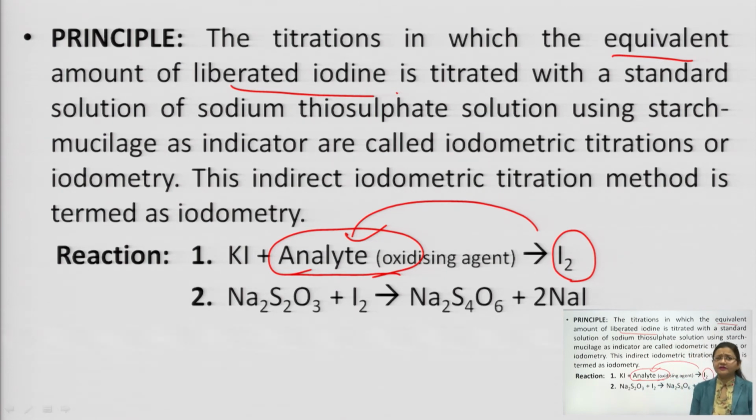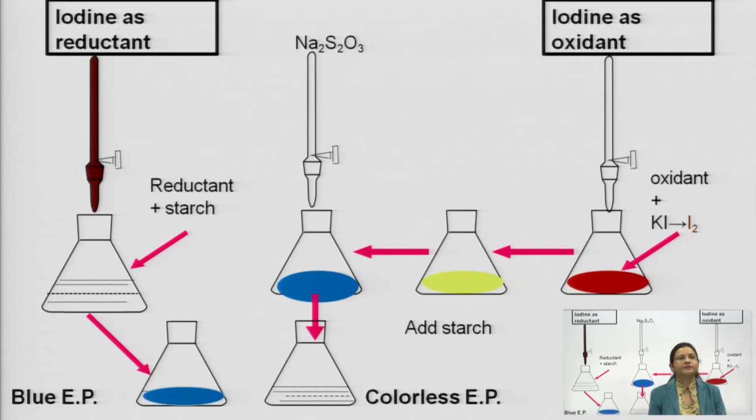It is an indirect method of titration, because the analyte is not reacted with the standard thiosulfate solution or titrant directly. It is reacted with the titrant indirectly in the second step. So that's why it is an indirect titration. Iodimetry, on the other hand, is a direct titration.